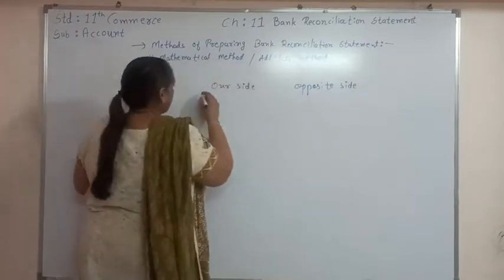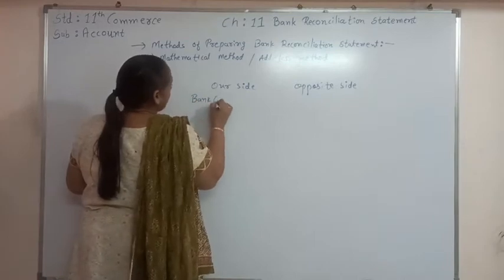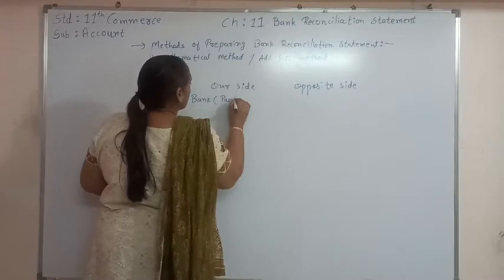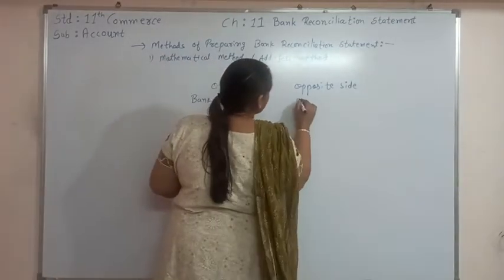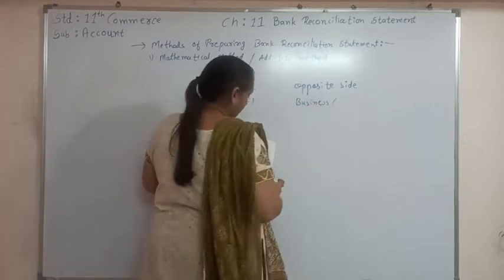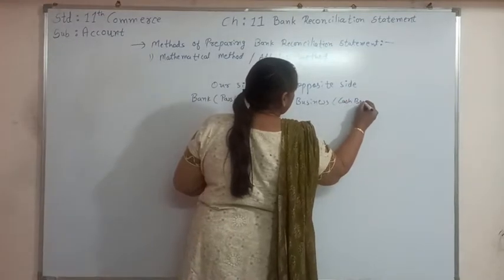If our side is the bank, that means we are starting the BRS from the passbook, the other side will be the business side, and as we know, in the business side they prepare the cash book, so that is the other side.